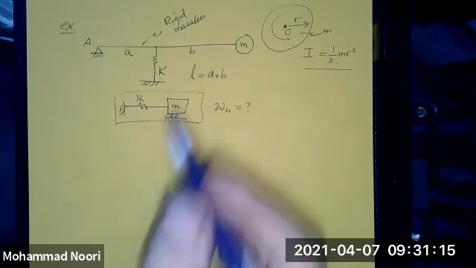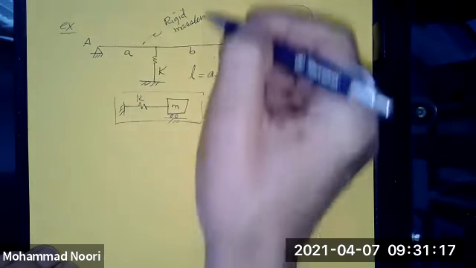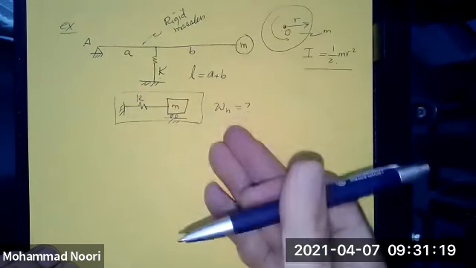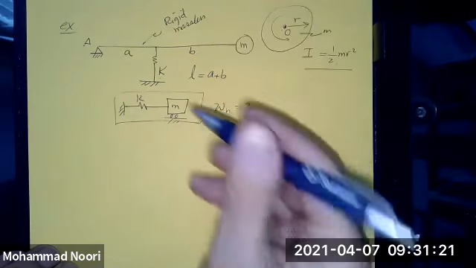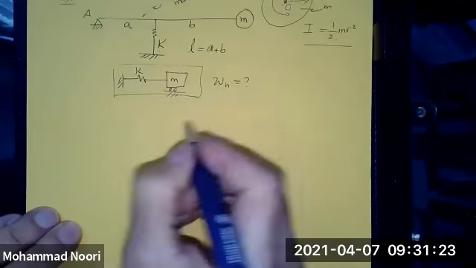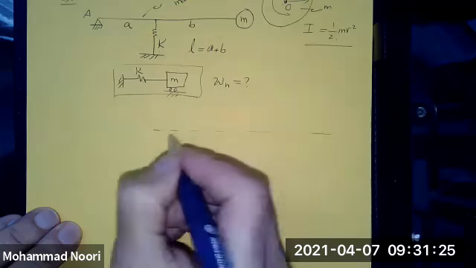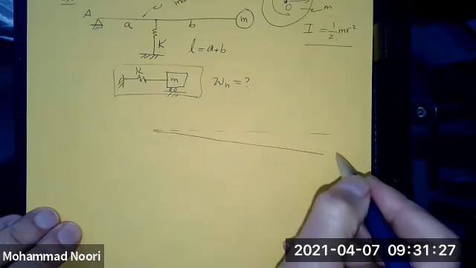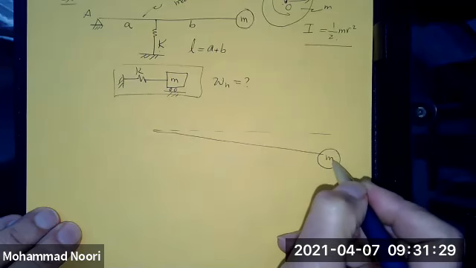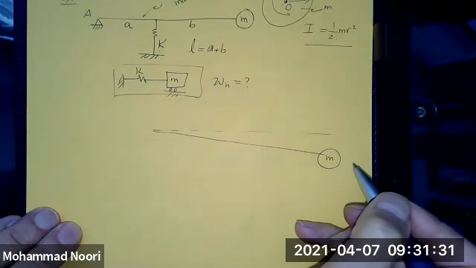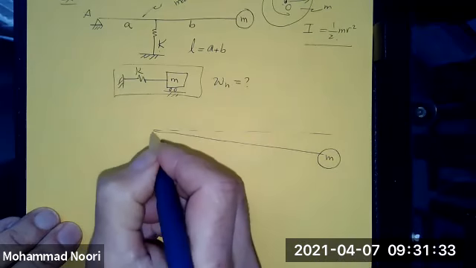Okay. So if this beam is going to experience oscillations, let's say at some point where the beam has deflected downward like this, we look at its dynamic equilibrium. So what forces do you have?